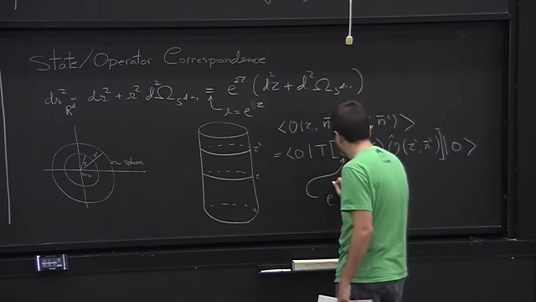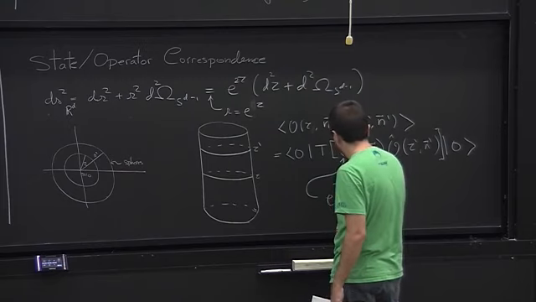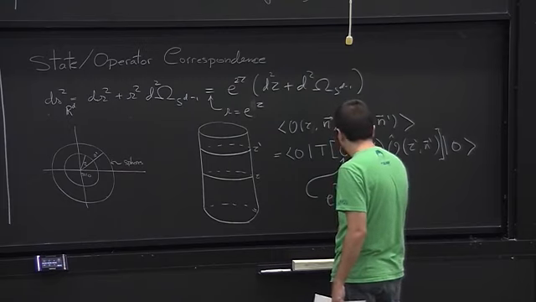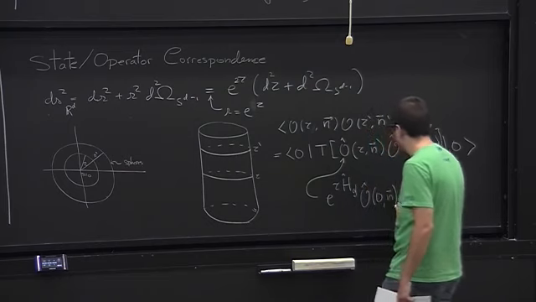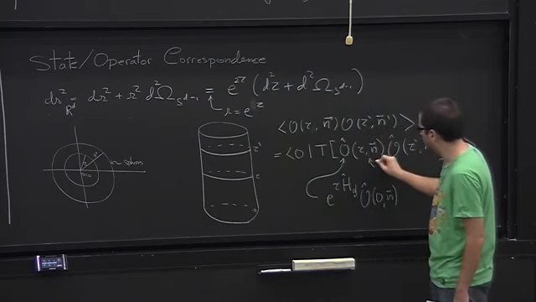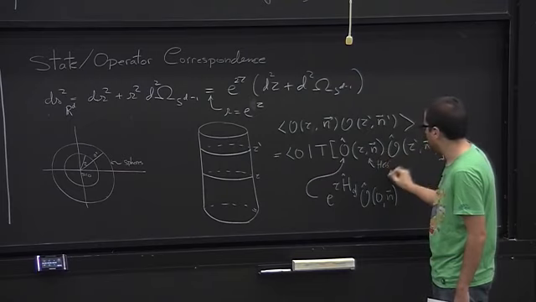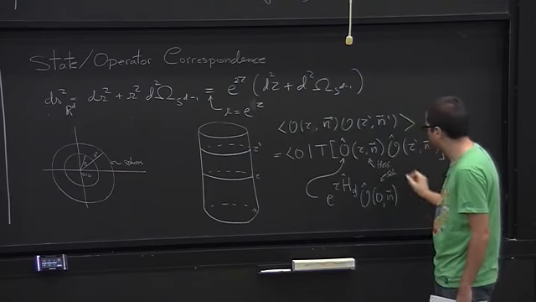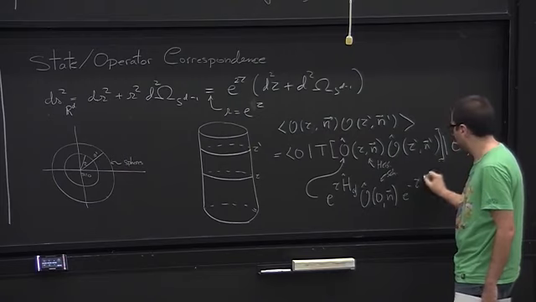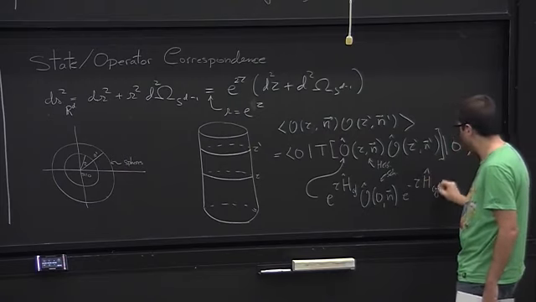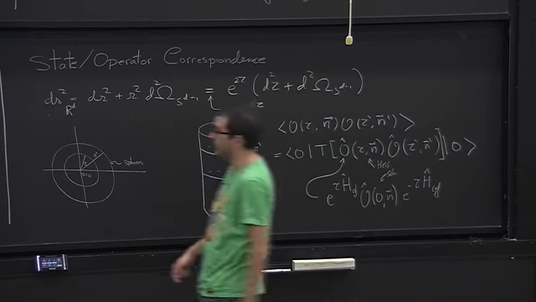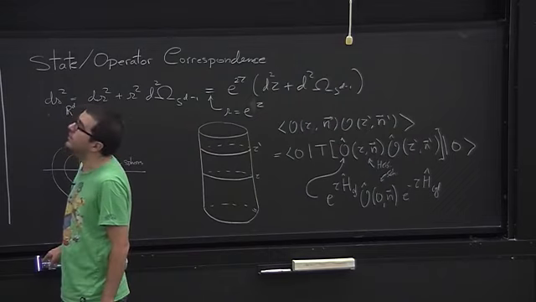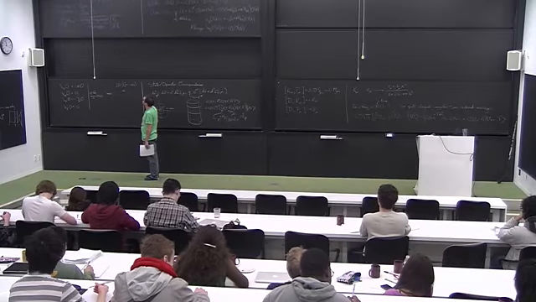So this is just e to the tau times the Hamiltonian that evolves time in the cylinder, operator O inserted at 0, where this O is Schrödinger and this is Heisenberg, the usual stuff, with e to the minus tau times the Hamiltonian in the cylinder. Okay, so this is not anything special. Conformal field theories are also quantum field theories. It's always the usual rules of the game.